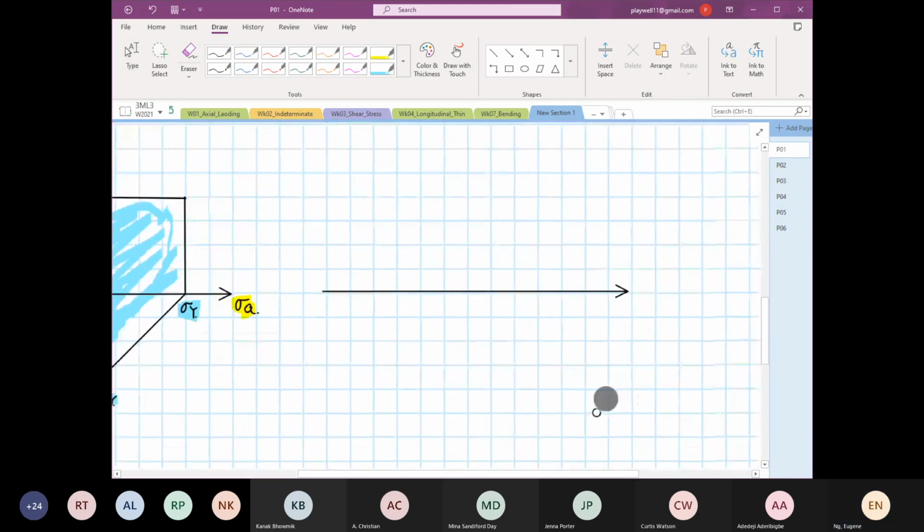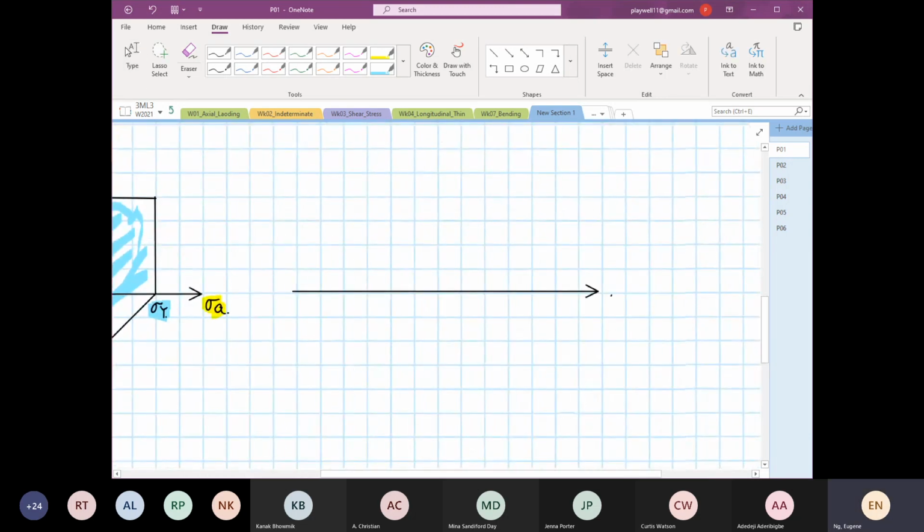Over here is my normal stress, and this is our shearing stress. Element rotating clockwise, element rotating anti-clockwise. So now we have our operating boundary.